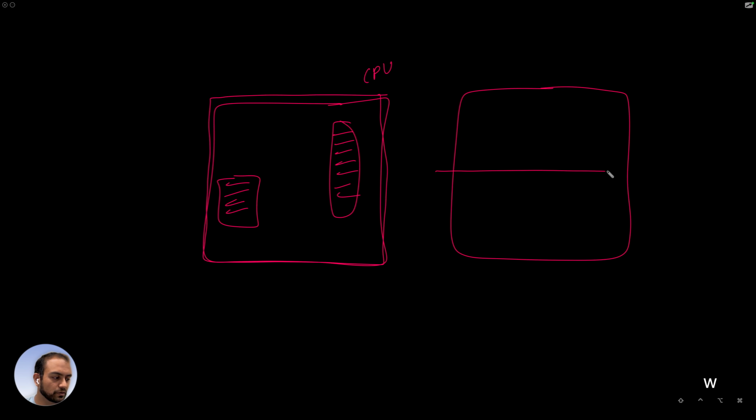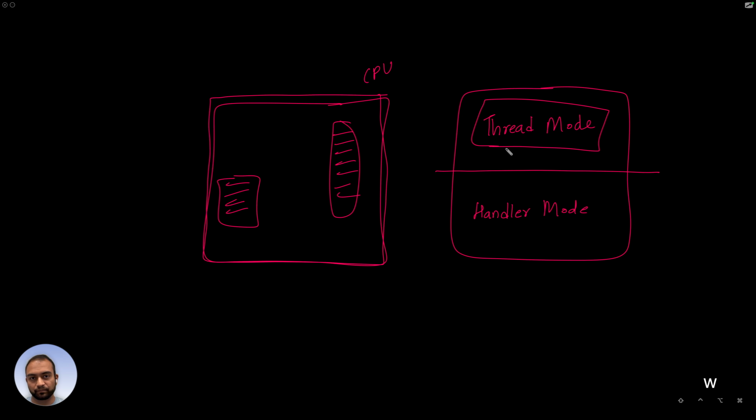My claim now is that the CPU can operate in two modes. One is called the handler mode. The other one is called the thread mode. Right? And what does it mean? Your computation related things like your pluses, minuses, all of that, the usual actual application code, will usually execute in the thread mode.